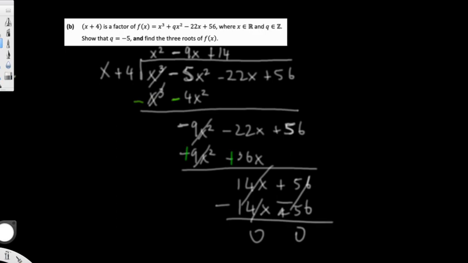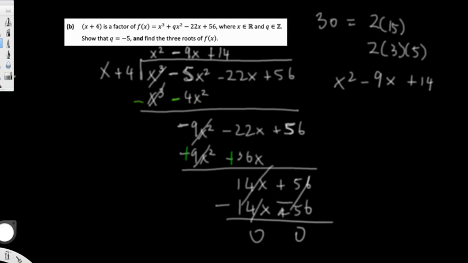Now, in the same way as we could, for example, take the number 30, and say 30 is 2 times 15, but then we could take the 15 and say 3 times 5. So we can take this second factor and split it into 2 more factors. That's what we have to do to get the 3 roots.